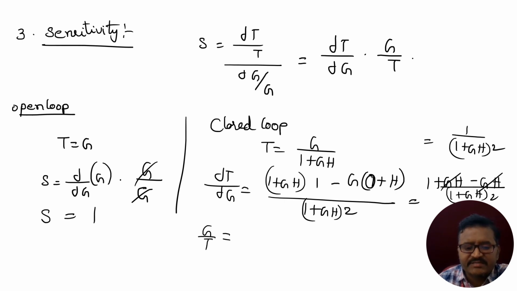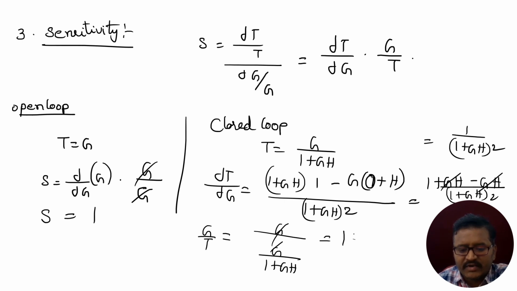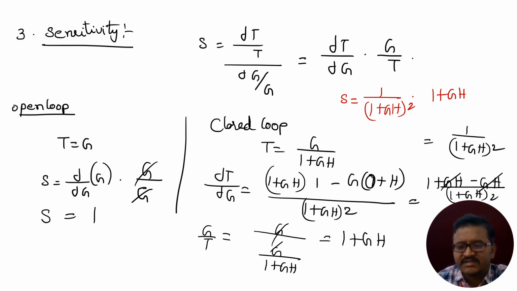Then what about G by T? G by T is G divided by G by 1 plus GH, so G cancels out and we get 1 plus GH. Now the sensitivity S is equal to ∂T by ∂G times G by T, which is 1 by (1 plus GH) whole square multiplied with 1 plus GH.